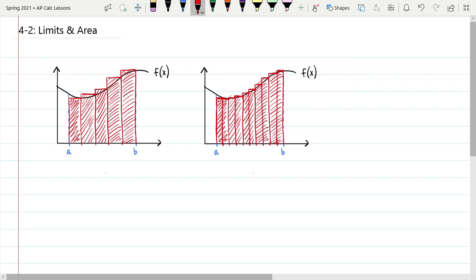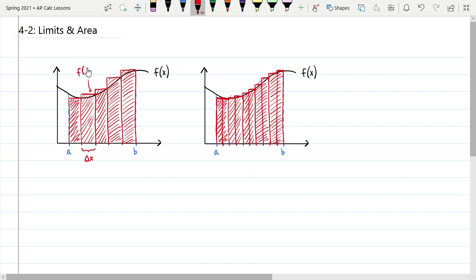So let's think about one of the rectangles that we're looking at here. So again, let's just go back to the 5 rectangles here for a second. So we're going to call the base of each rectangle delta x. And delta x, that's just the width of the rectangle, the base of the rectangle. And then remember that the height was going to be f of whatever this endpoint is.